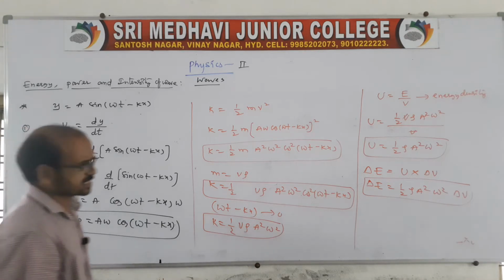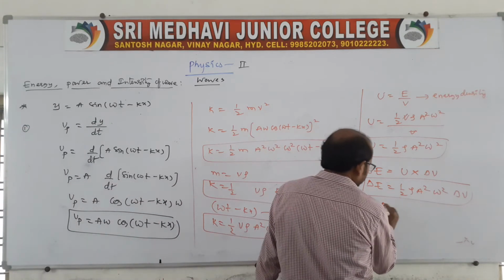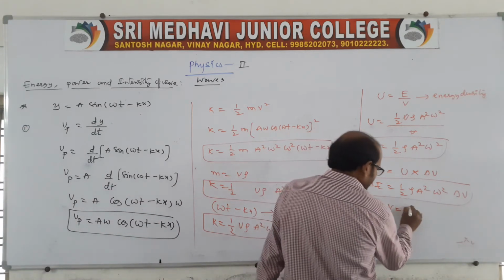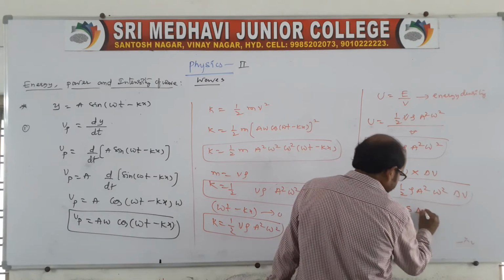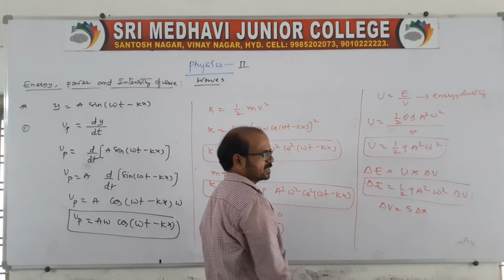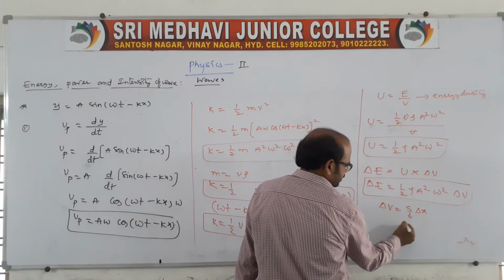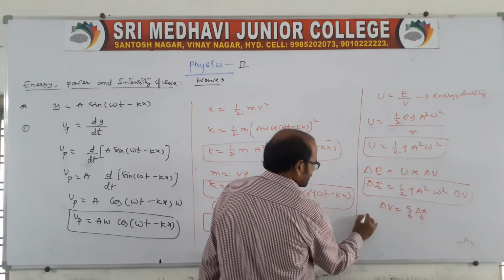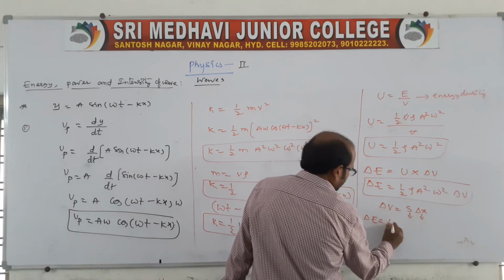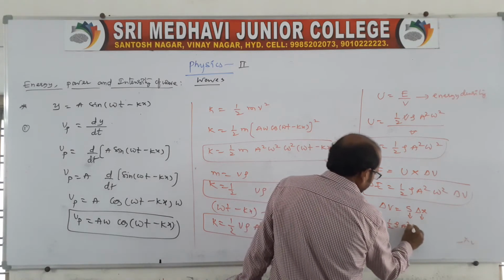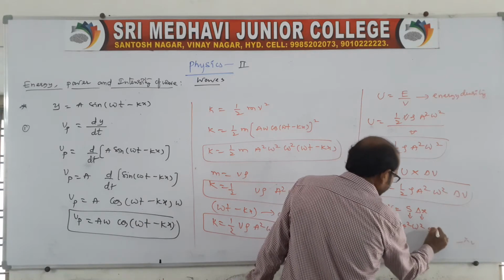So delta V we can take as the change in volume, no? Delta V is equal to surface area into delta x. Volume is nothing but area into length. You say S is the area here, delta x is the length. So delta E is equal to 1 by 2 rho a square omega square S into delta x.